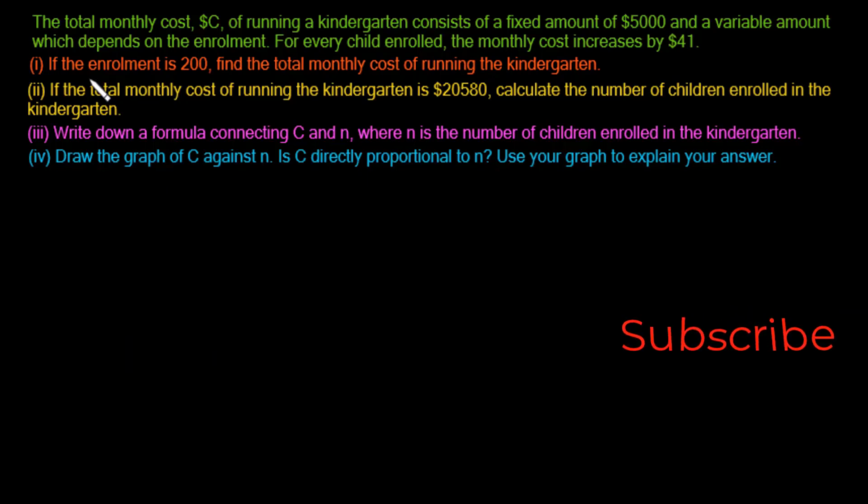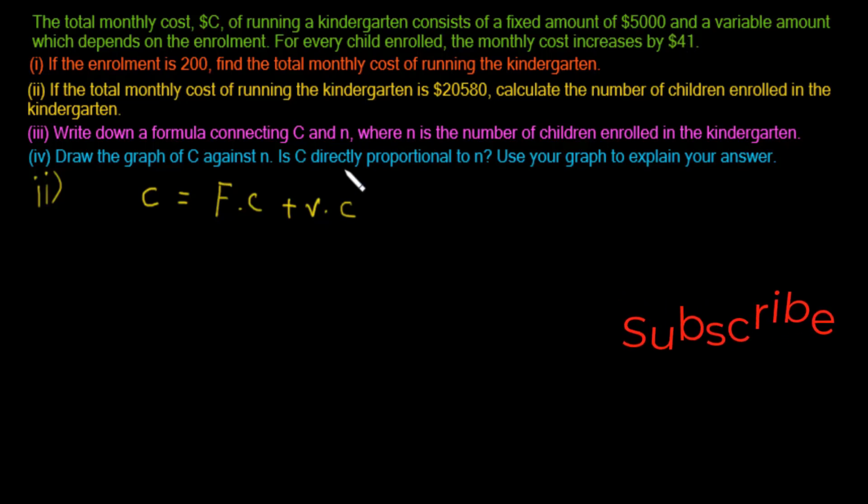Now it's time to solve part 2. It says, if the total monthly cost of running the kindergarten is $20,580, calculate the number of children enrolled in the kindergarten. Before solving this, let me translate this again into mathematical form: the total monthly cost C is equal to fixed cost plus variable cost.